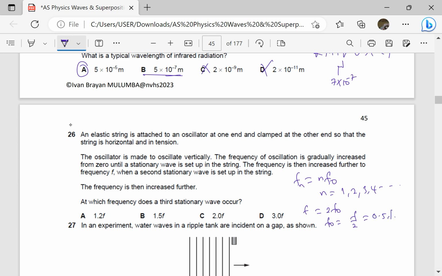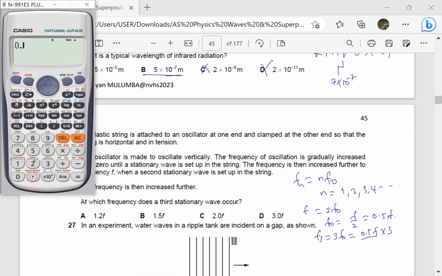The fundamental is 0.5 times f. So at which frequency does a third stationary wave occur? n should be 3. So f3 is going to be 3 times f naught, which is 0.5 f times 3. 0.5 times 3, that is 1.5. So the answer is B.